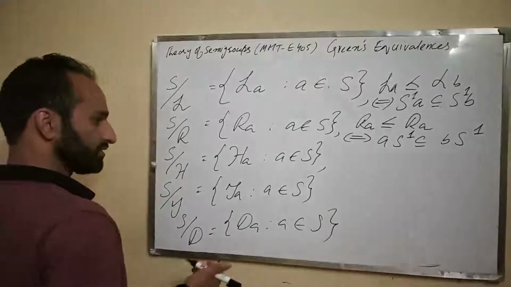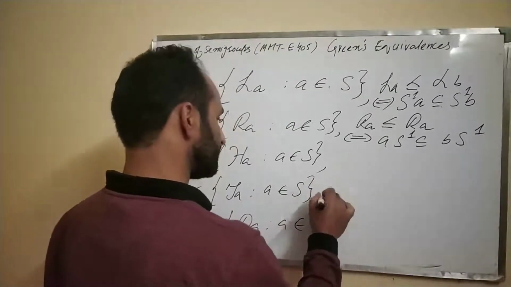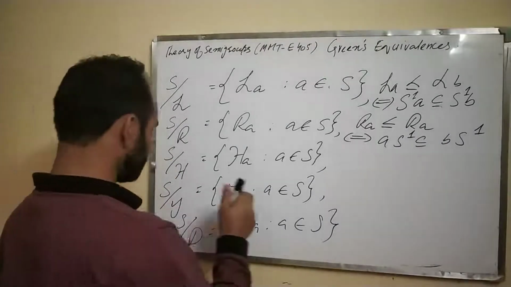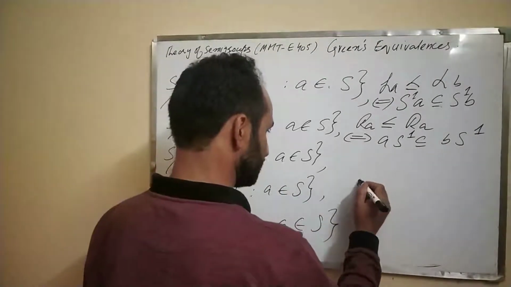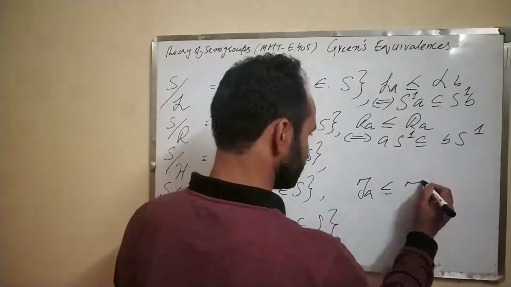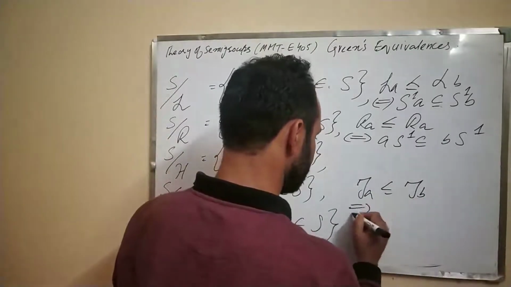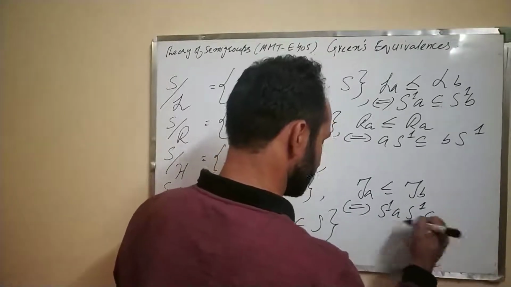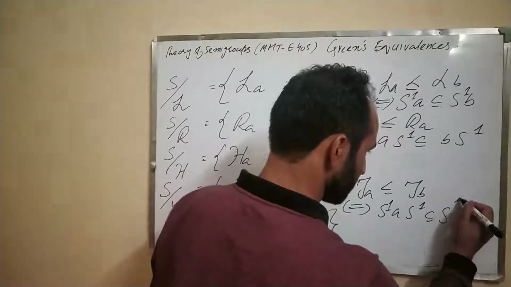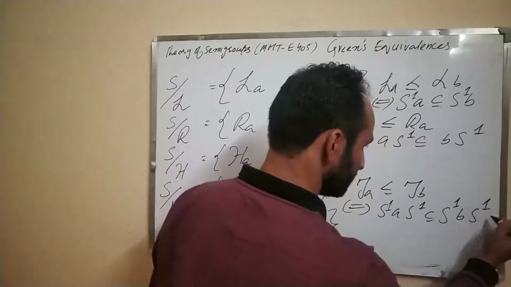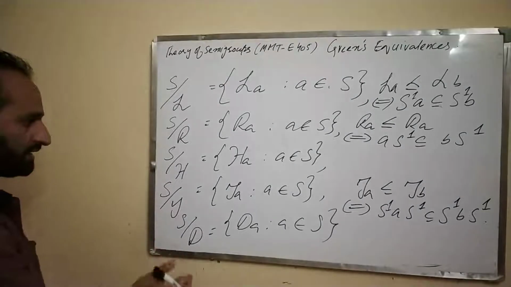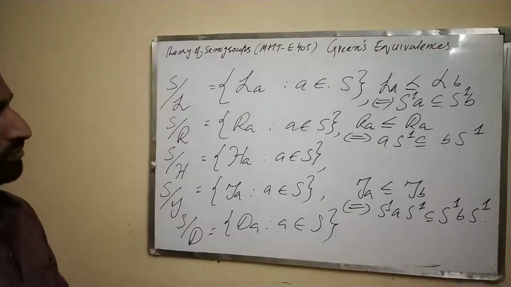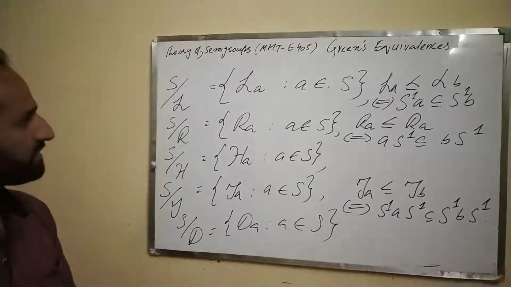Now on S over J, we define this relation because they are two-sided ideals. We define these J classes, J_a is related to J_b if and only if the two-sided principal ideal generated by a is a subset of the two-sided principal ideal generated by b. Okay, and this D is the join of these two relations L and R. So these are the partially ordered sets.